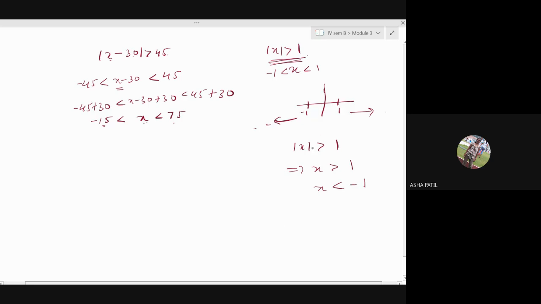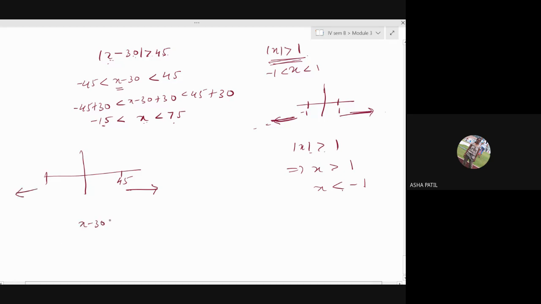So instead of x, we have x minus 30 is greater than 45. This is our 45. Mod of x minus 30 should be greater than 45 means x minus 30 should be greater than 45 and x minus 30 should again be less than minus 45.